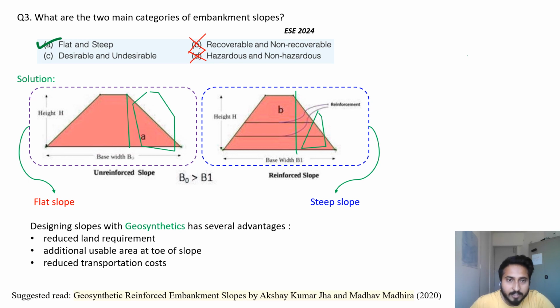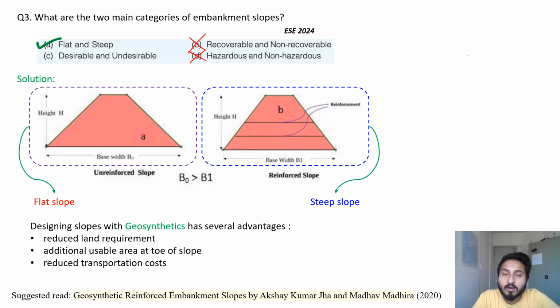Anyways, it's basic intuition, you can see through it. So a steep slope requires less area and gives additional usable area at the toe of the slope, correct? So we can use the area that is there on the toe. This is the toe. It also reduces the transportation costs for filling and making the slope embankment.